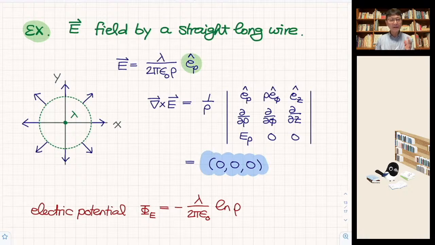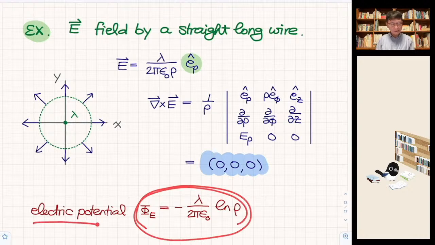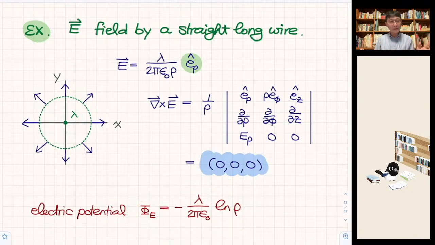In fact, for the curious cat, you can convince yourself you can construct the corresponding electric potential, which I won't bug you with. That takes a very simple form. That's basically just a minus sign, the annoying minus sign, lambda divided by 2 pi epsilon naught, and log rho.